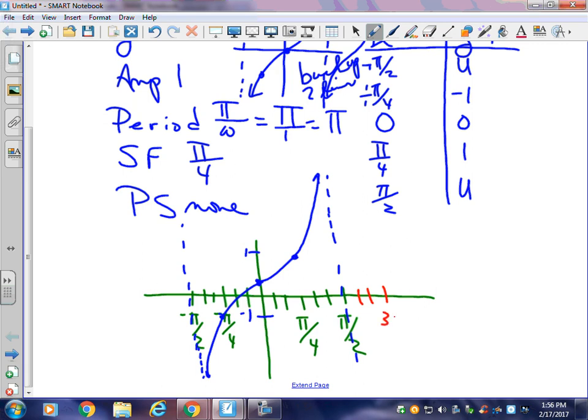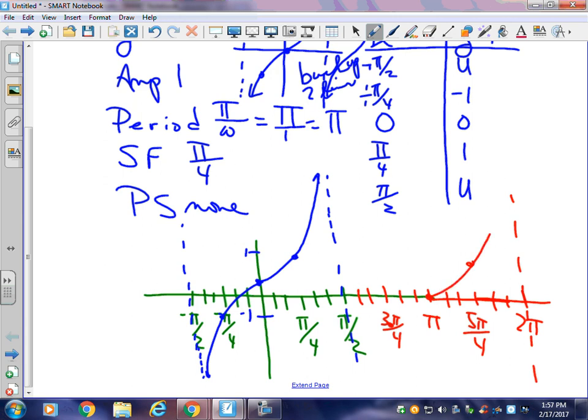Alright, so 3 pi/4. So I patterned it out so that I can plot the same points, so that 3 pi/4 is -1, this is pi, this is 1, and this is your vertical asymptote.